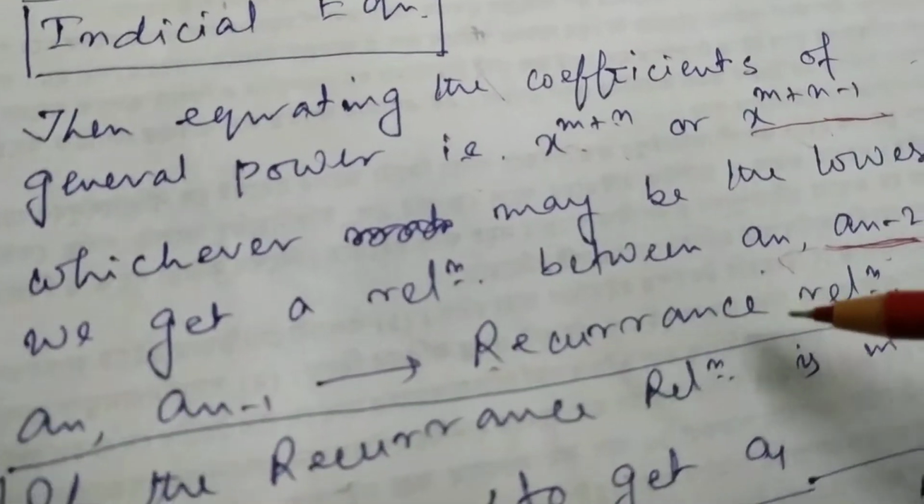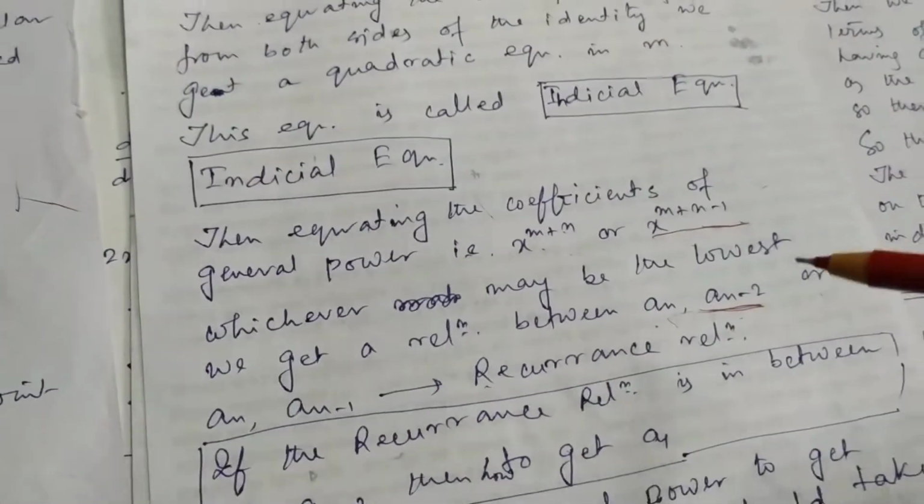This relation is called the recurrence relation.